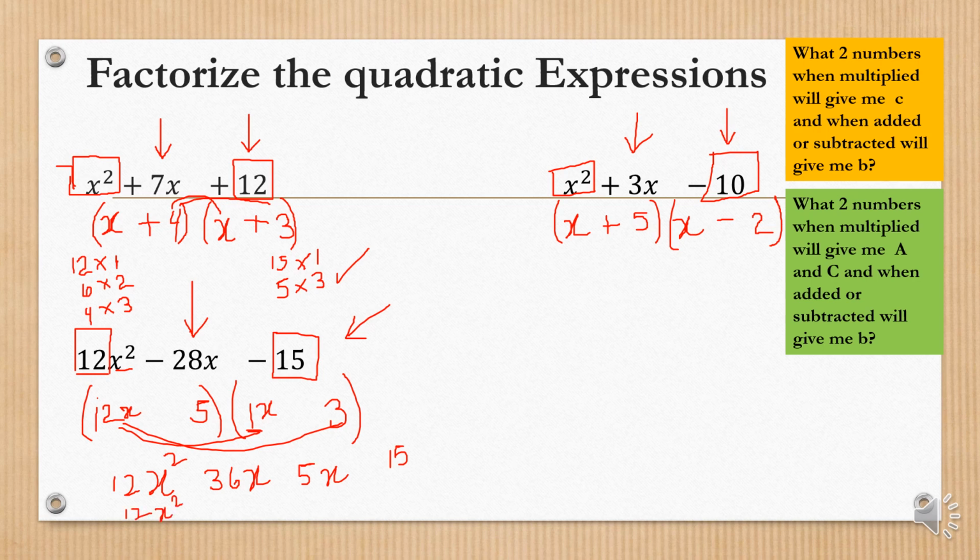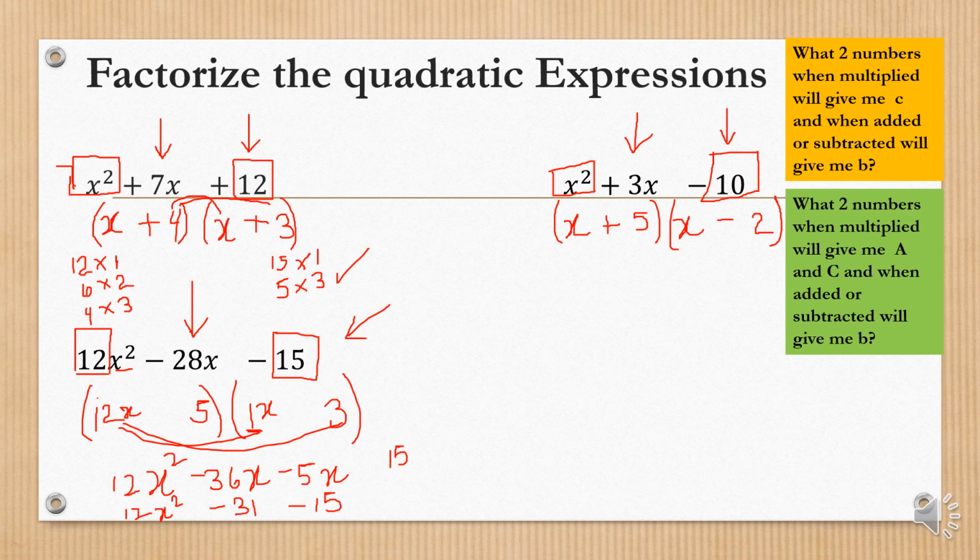Let's calculate our x's. We have 36x minus 5x. Could I do anything with 36? If I subtract 5 from 36, I'm actually getting 31x. Yes, and if I put a minus sign, I'll get a total of minus 31x. Yes, minus 15. So as you can see, the numbers that I chose are still not working out.